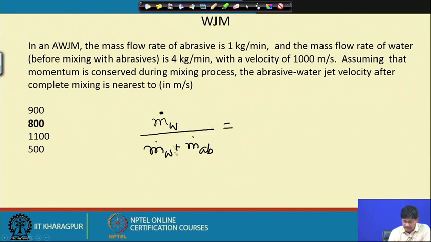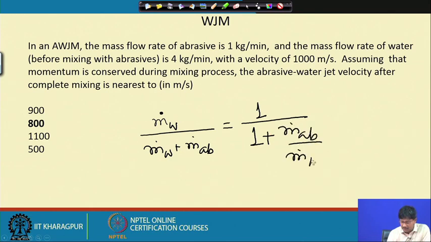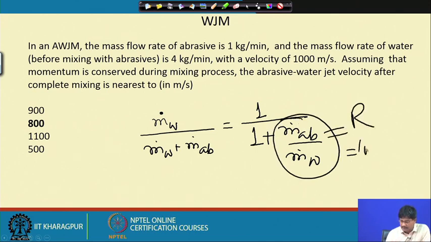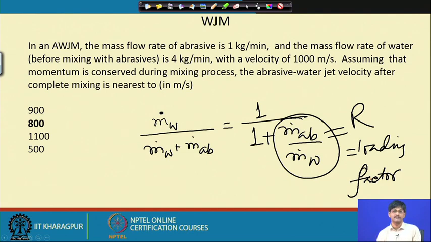If you divide this by m dot water, it becomes 1 by (1 plus m dot abrasive by m dot water), and this is called the loading factor, or R. It is one of the most important parameters in abrasive water jet machining. I intend to include some solved problems and upload them for your use, where you will come across the use of such parameters.